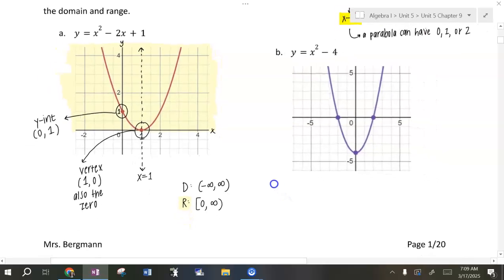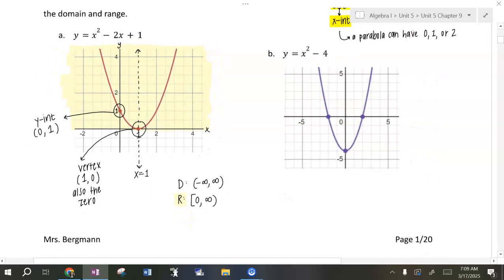Let's do another example together. This graph has a vertex here. It's 0, negative 4. The scale on my y-axis is counting by 1s, meaning that that's -4 here.